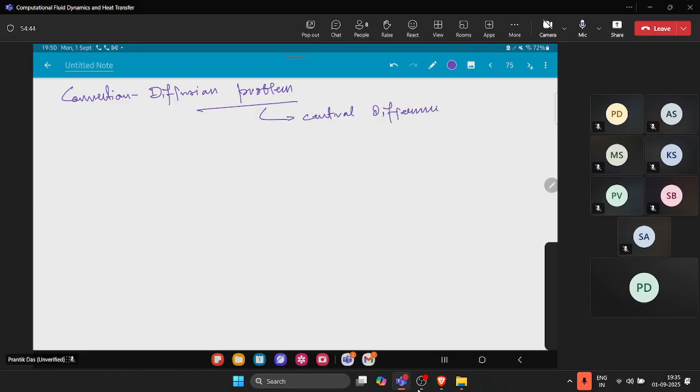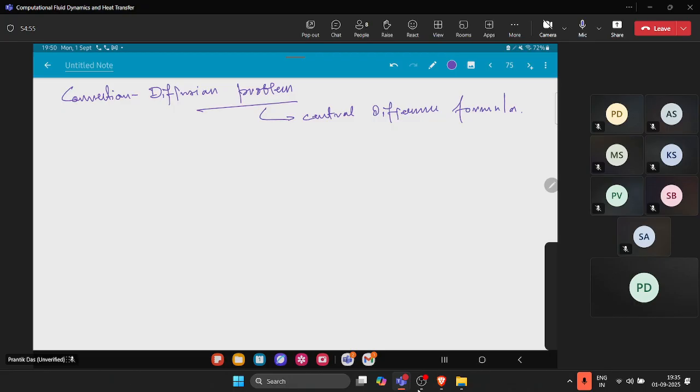Okay, sir. So as previously said, if it's a convection diffusion problem, what I did was I derived it by using the central difference formula. So what I will do is basically a kind of recapitulation.